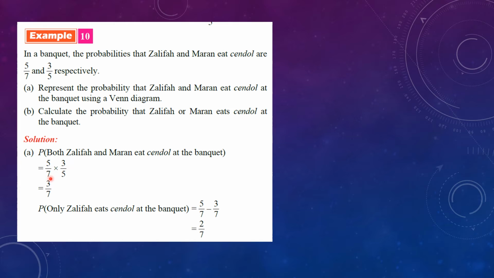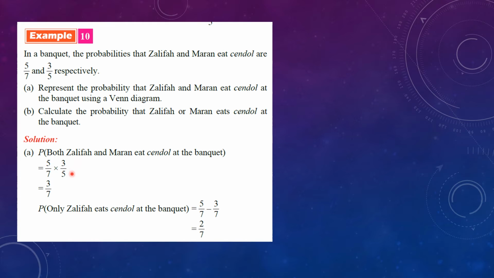If you want to find the intersection part, you have to take the probability of Zalifa multiplied with the probability of Maran. Then we find the probability that only Zalifa eats cendol at the banquet. The total probability of Zalifa is 5 over 7, so we minus the intersection part 3 over 7. So we get 2 over 7.